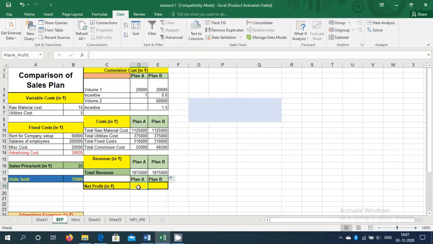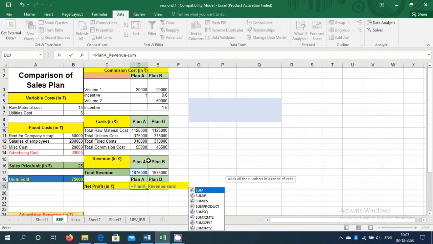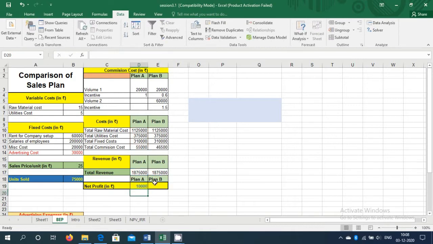Net profit I can find out as the total revenue minus sum of plan A total cost.